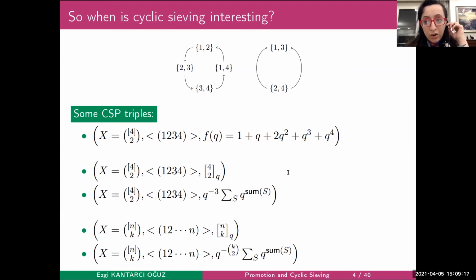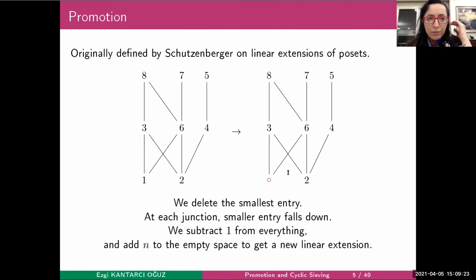So since our action will generally be the promotion action, let's talk a bit on that. The promotion was originally defined on linear extensions of posets, which is basically the same way it acts on Young diagrams. So the first step is we take a linear extension of a poset, which means our labeling does respect the order of the poset.